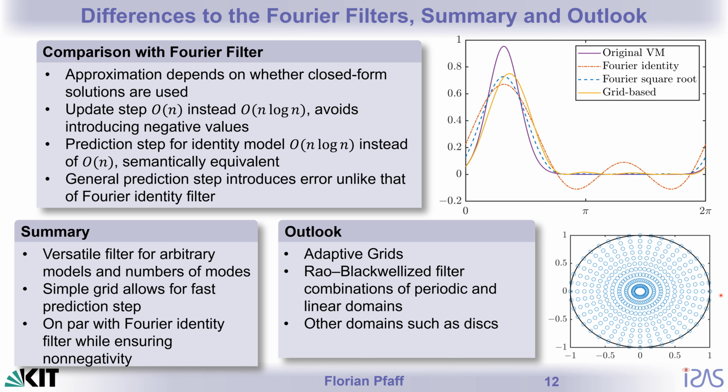Here you can see that we would have to carefully consider how to design our grid. This is not equally dense everywhere, but maybe this has some advantage we would have to see there. And we could consider to use some of the insights of the grid filter and the Fourier filter to have something there that prevents negative values in some other way.